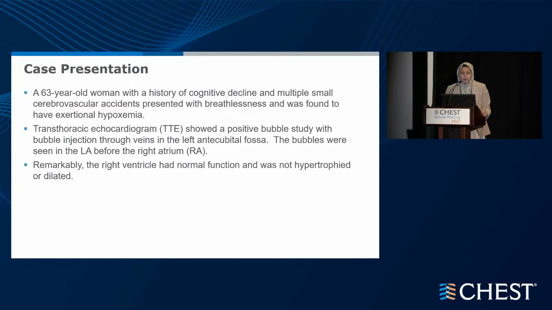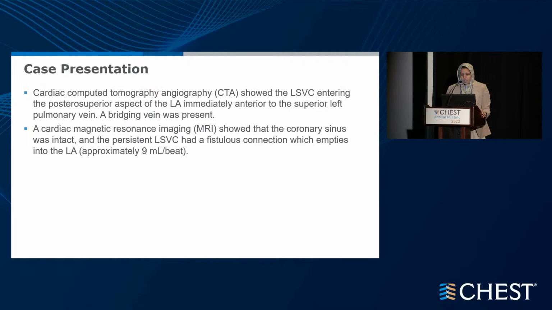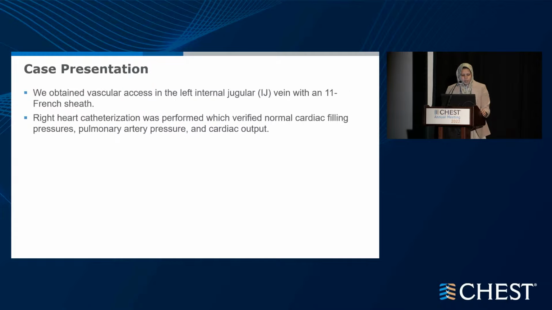Remarkably, the right ventricle and the left ventricle were not hypertrophied, which you would expect if you had a huge shunt. We did a CTA that showed the left SVC entering the left atrium, and we also saw a bridging vein between the left SVC and the right SVC. We also got a CMR that showed the fistula's connection.